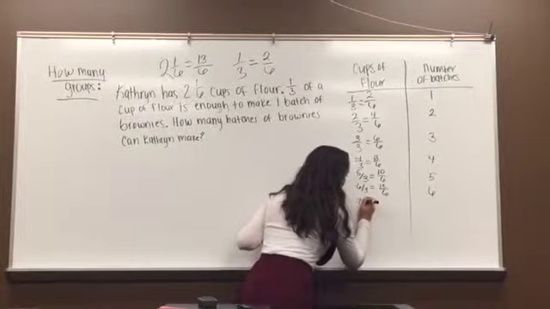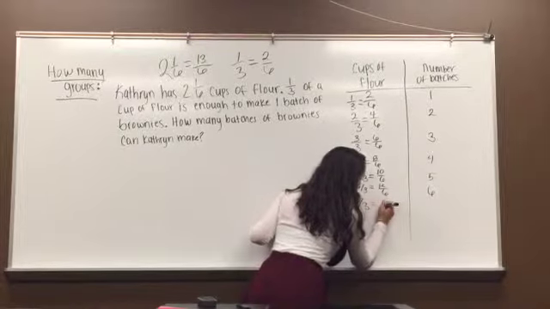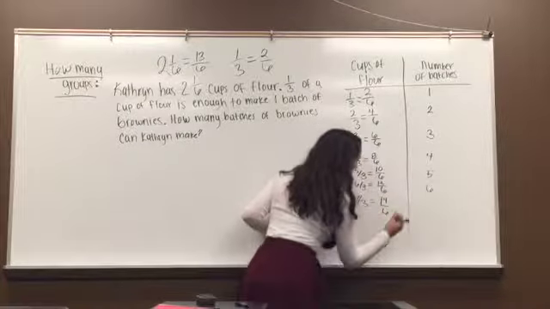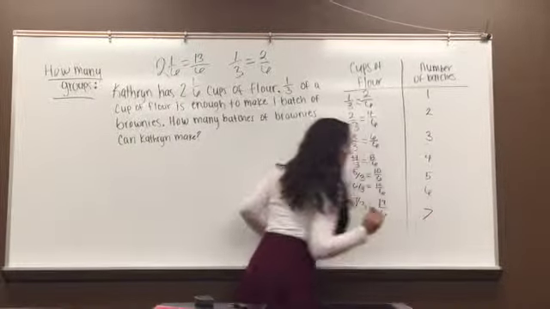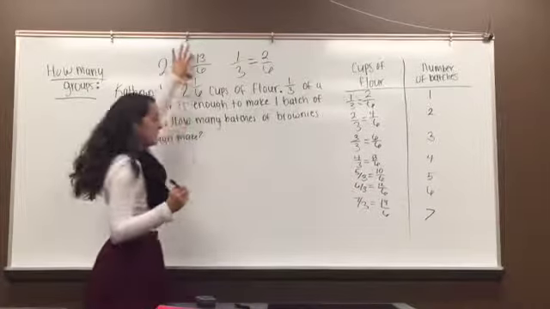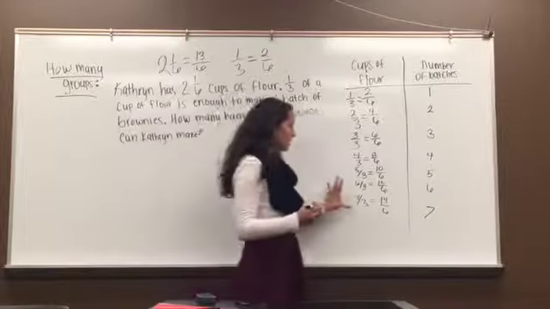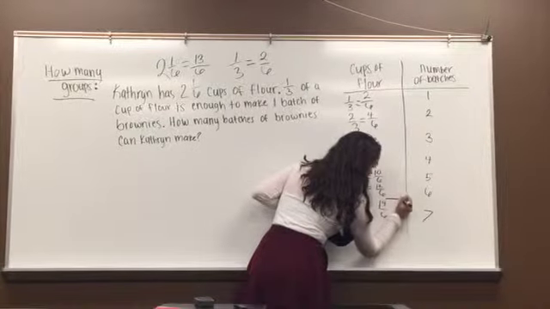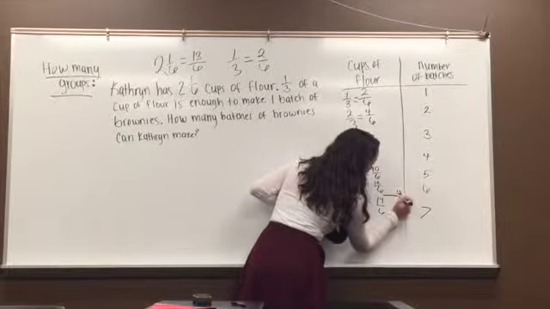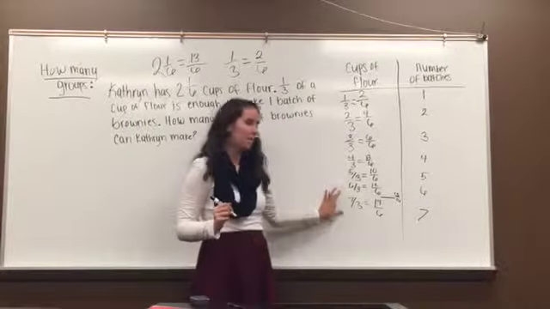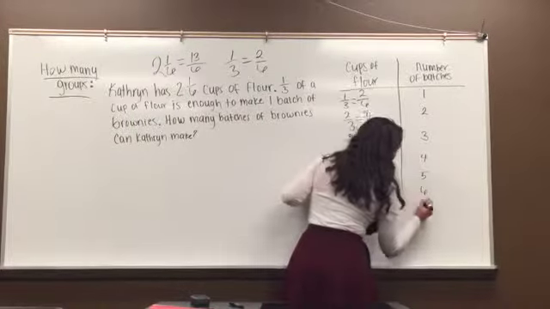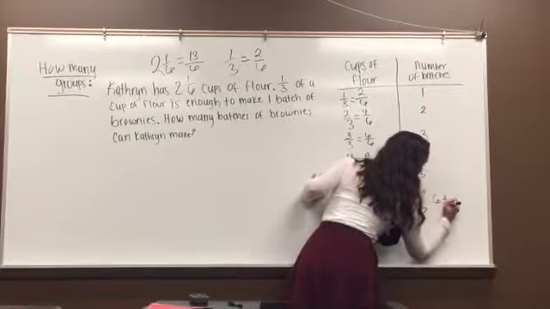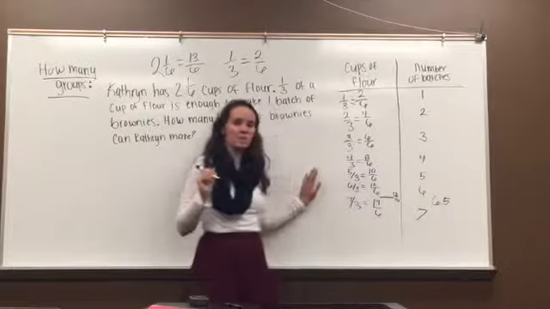And then 7/3, which is equal to 14/6, is equal to 7 batches of brownies. But we're looking for 13/6, so we know that 13/6 would fit right here. So 13/6 is in between 6/3 and 7/3, which would give us 6.5 batches of brownies.